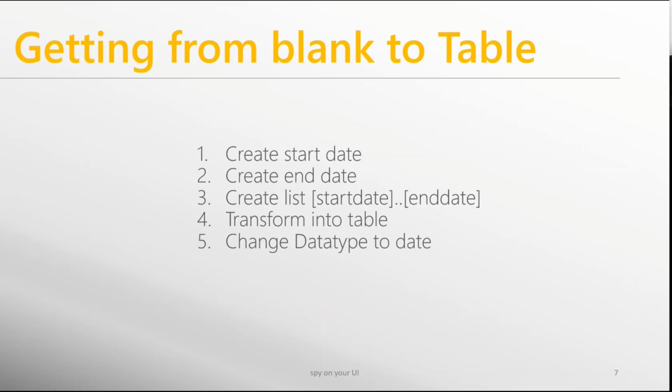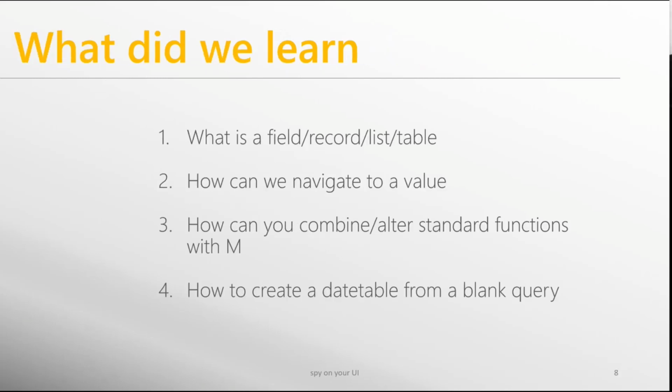What we've done so far is we've created a start date and an end date. We've created a list with a start date and end date. We've transformed it into a table, and we changed the data type. So from a blank query, from nothing in our Power Query editor, we've created a date table that gives us the option to now add days and add weeks as we like.